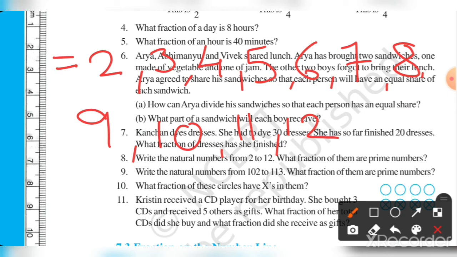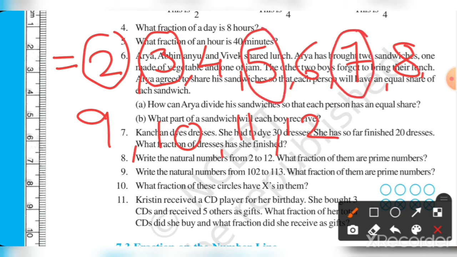Okay? Now find out the prime numbers. Prime numbers are 2, 3, then 5, 7 and 11.